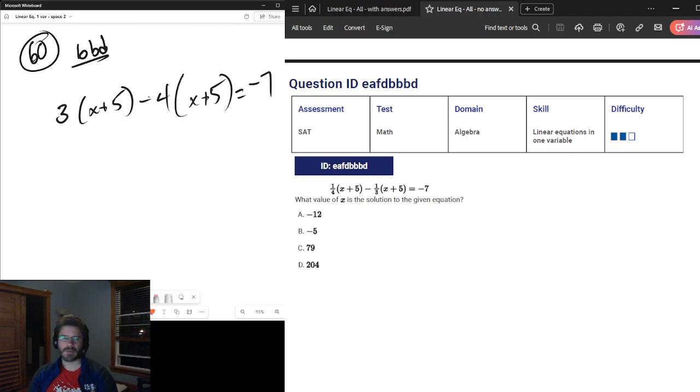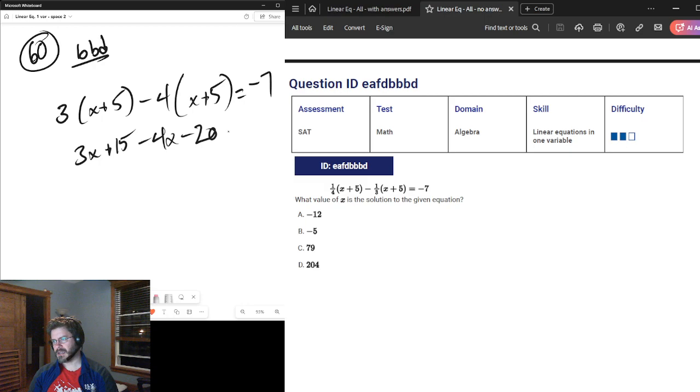So the repetition of x plus 5, you could try the trick where you replace it with a simpler term, but it doesn't really get us anywhere here because we do have to solve for x. So distributing this through, we're going to get 3x plus 15 minus 4x minus 20 equals negative 7. Combining like terms, we get negative x minus 5 equals negative 7.